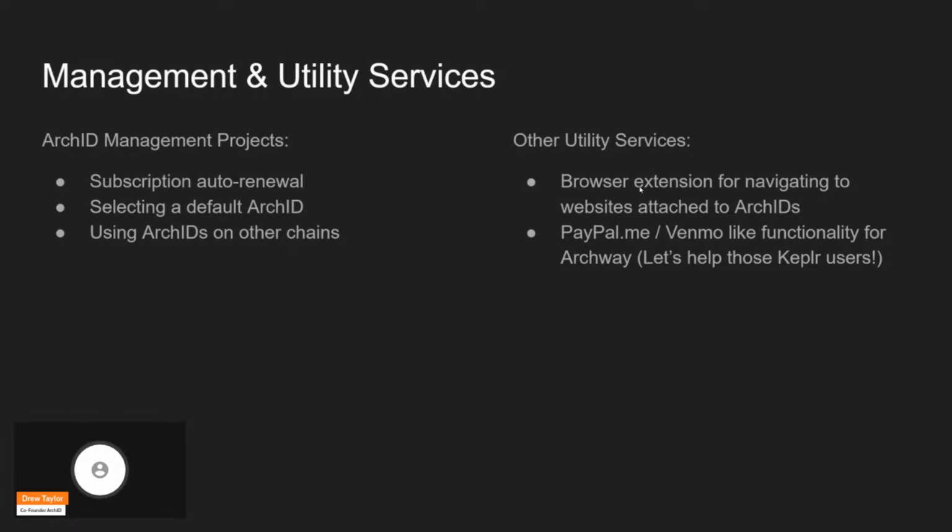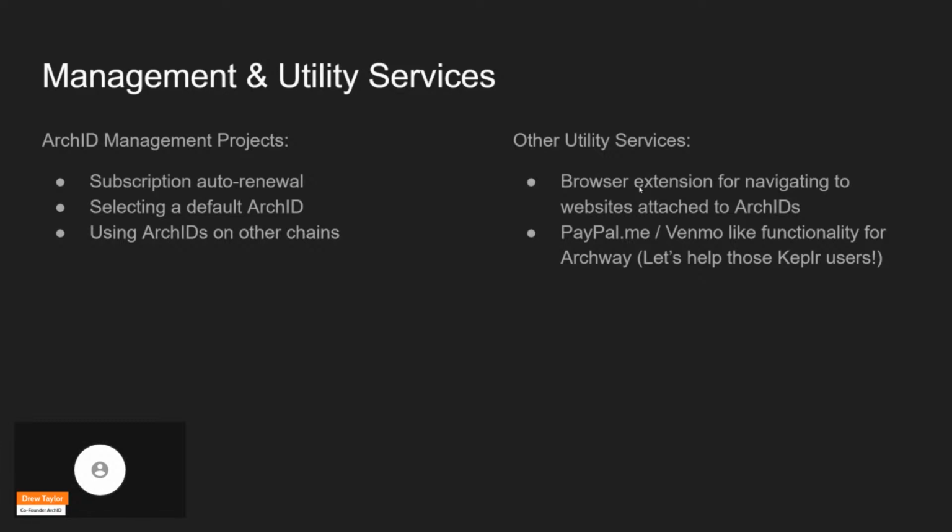Although it doesn't end there, because a really awesome feature to have would be the same kind of features that you have from PayPal.me and Venmo, which is you can request money from someone, and then it would send them a notification in some way. When they receive that notification, they can decide whether or not they should pay you.